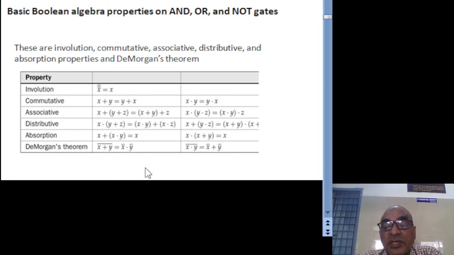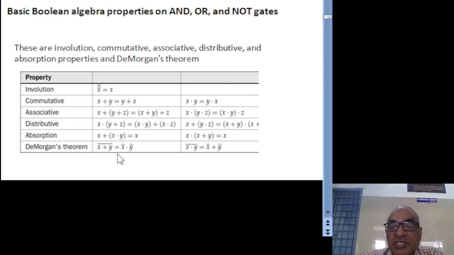That is, the complement of the OR operation is equal to the AND operation on the complements of the variables. Similarly, the complement of the AND of two variables equals the sum operation of the complemented inputs. That is De Morgan's theorem.